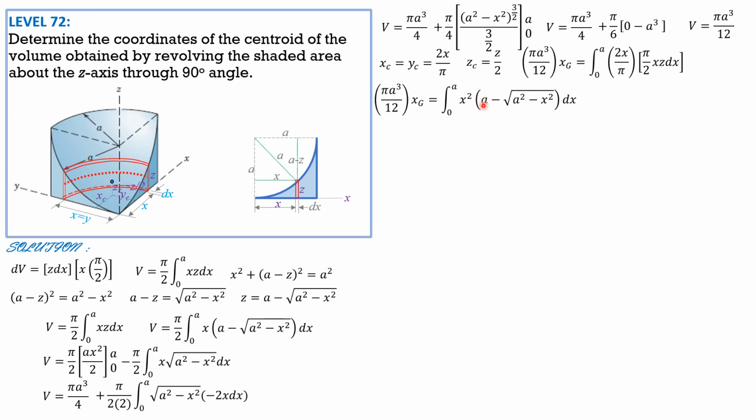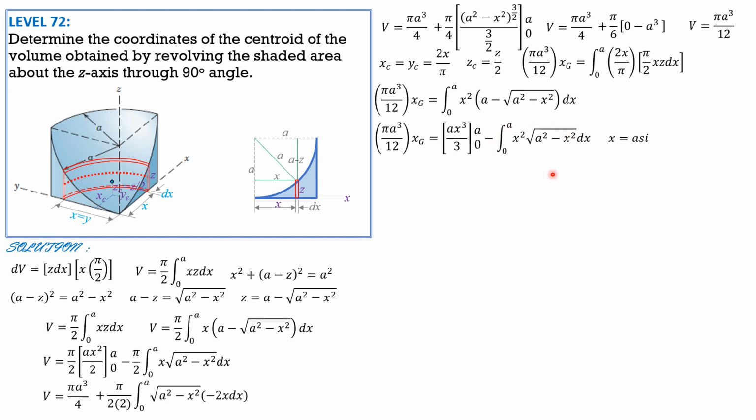So the first integral is ax squared, so the integral of that is ax cubed over 3. So pi a cubed over 12 x sub g equals ax cubed over 3 from 0 to a minus integral from 0 to a of x squared square root of a squared minus x squared dx.